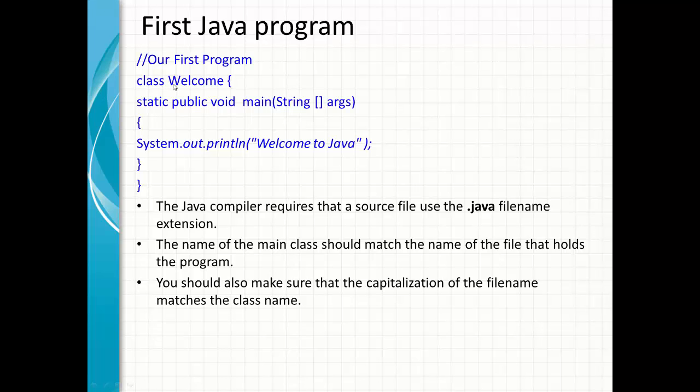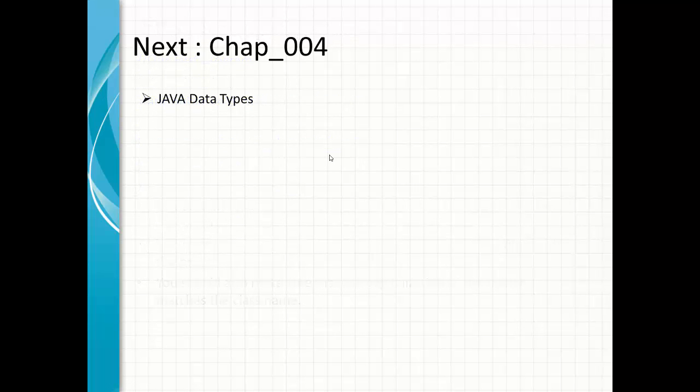No, you can't do that. If you are using capital W, it should match exactly whatever your class name is with the file name. So this is pretty much how to type the first program and how to run it, and we saw that it gave us output.